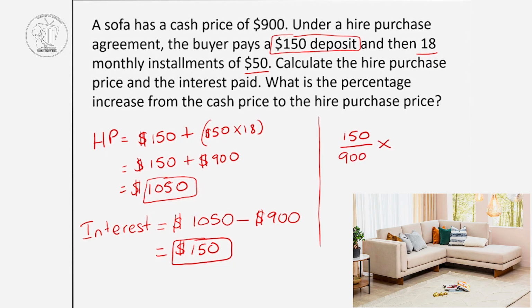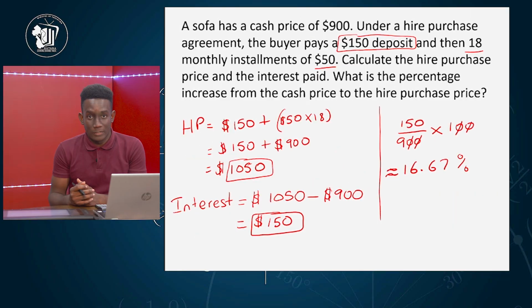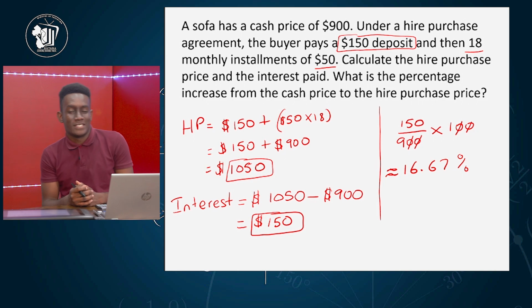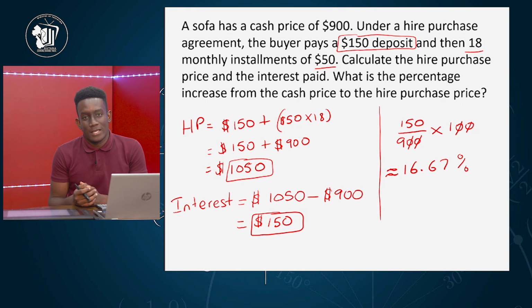I will multiply this by 100. So this zero cancels with that zero, and this zero cancels with that zero. So 150 divided by 9 would give us approximately 16.67%. So that has brought us to the end of this video.